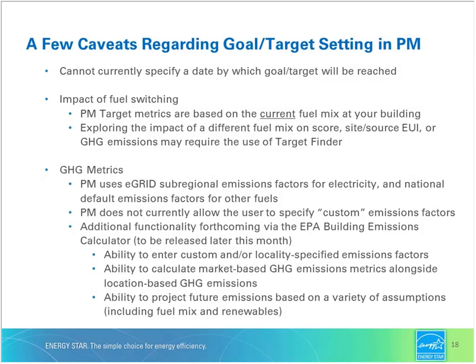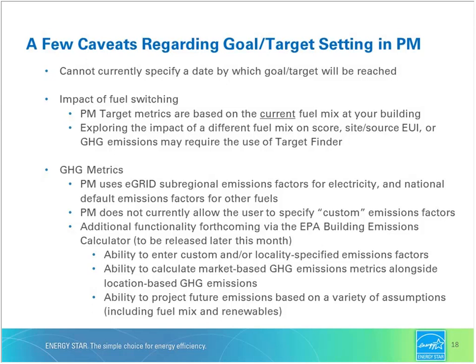So again, I just wanted to be realistic in pointing out currently how Portfolio Manager calculates certain metrics and how this impacts what you can get out of its goal-setting functionality. I also want to make you aware of new functionality that is forthcoming in the form of this building emissions calculator.